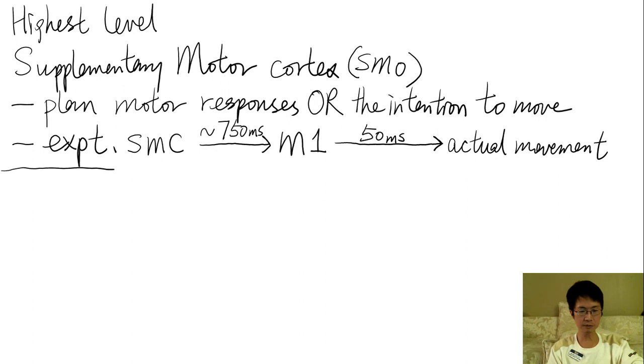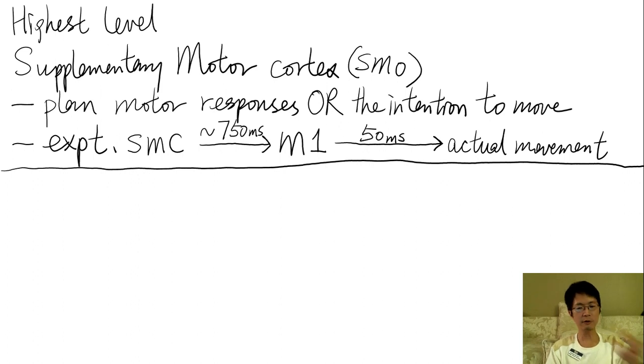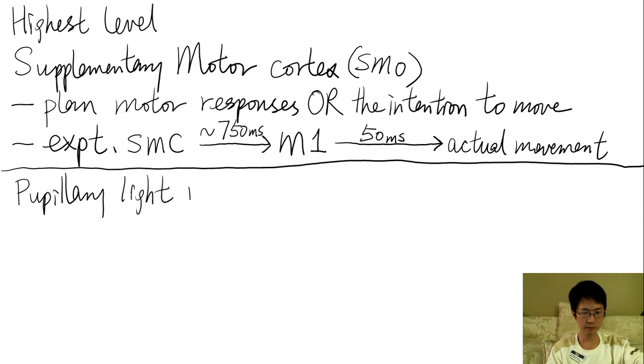I want to add something to the reflex. Okay, we learned about 3 types of reflex. I want to add a special one. The pupillary light reflex. Some people just call it pupillary reflex.